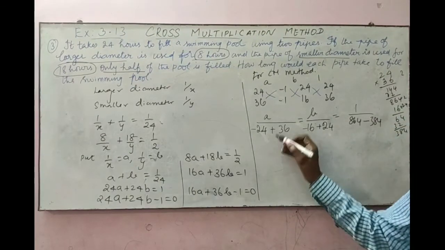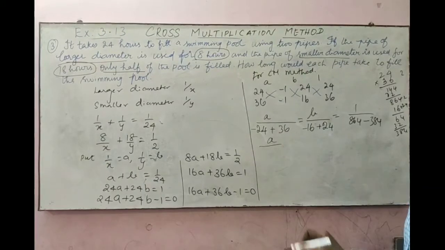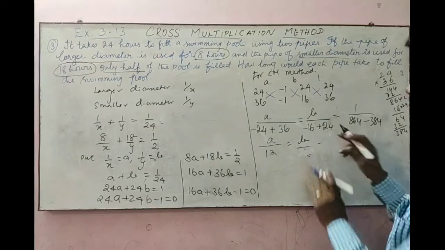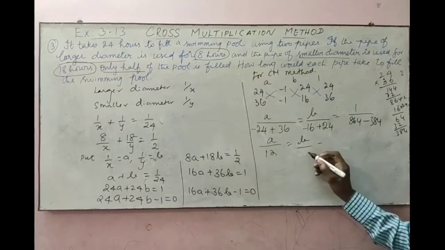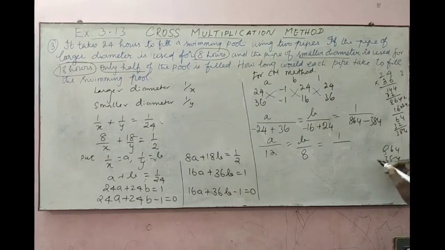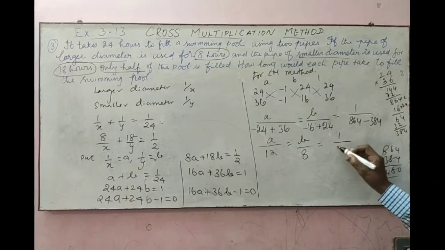So you will get the value as A by 12 equal to... 24 minus 16 gives 8 equal to 1 by 864 minus 384 gives 480.